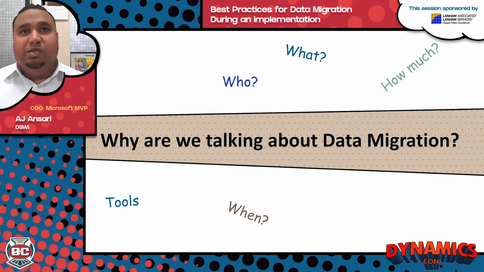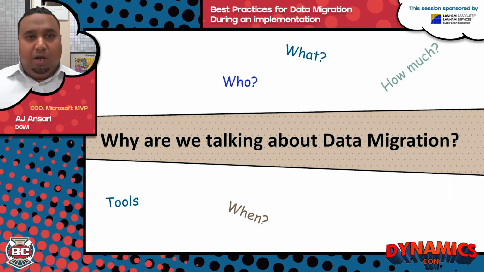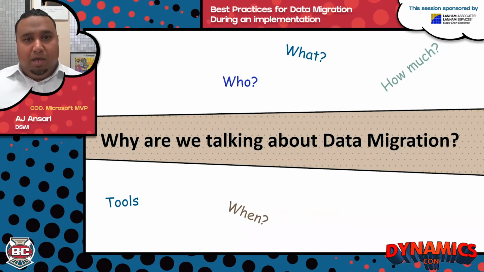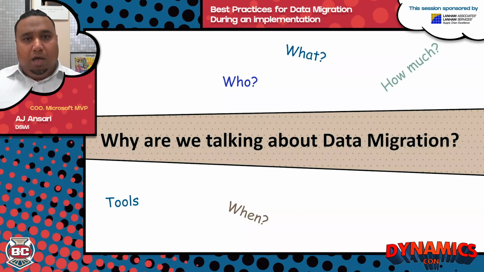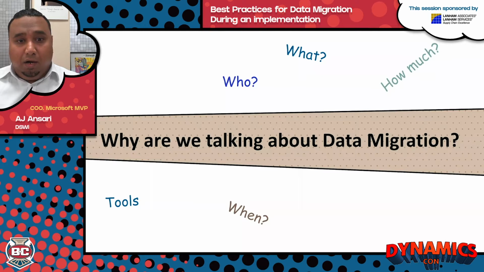But you can't always have everything happen up front, because consider the fact that an implementation project is not an overnight endeavor. Depending on the type and the scale of your implementation, you might be looking at something that's as little as 30 days or as much as a year. I've seen some larger implementations take a considerable amount of time. And for those of us who are implementing more enterprise-grade systems like Dynamics 365 F&O, those can be even longer cycles.